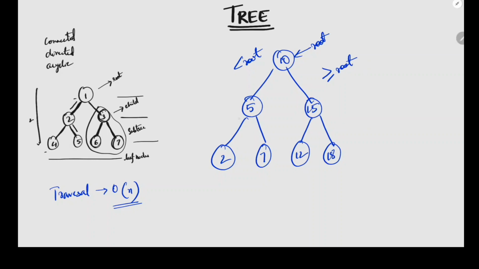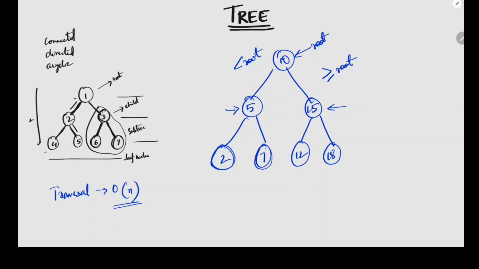If you look at the next level, 5 is less than 10, however 15 is greater than 10. And the same property should apply to the next level of the tree. So 2 is less than 5 and obviously less than 10 as well.